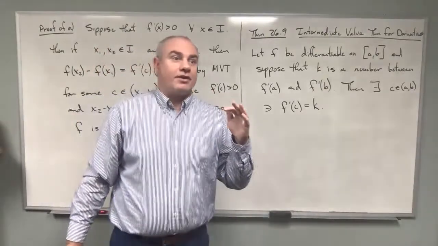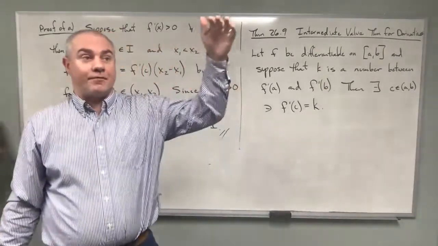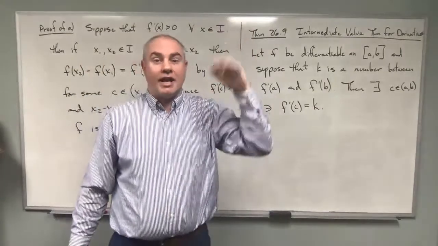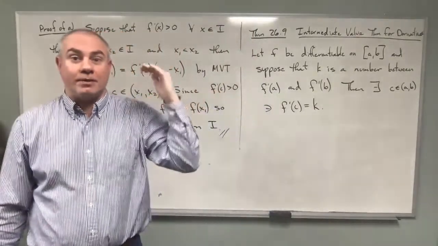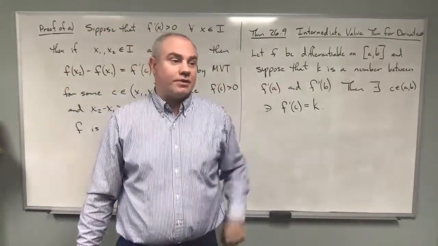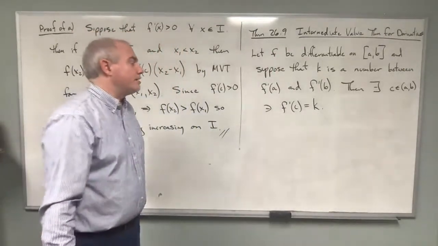All right, so this is very much like the intermediate value theorem. The intermediate value theorem says, let's say you have f of A and f of B, then the function must hit every functional value in between if it's continuous and nice, right?